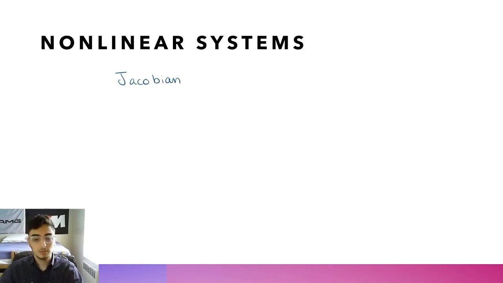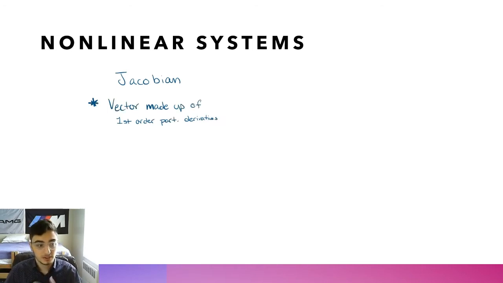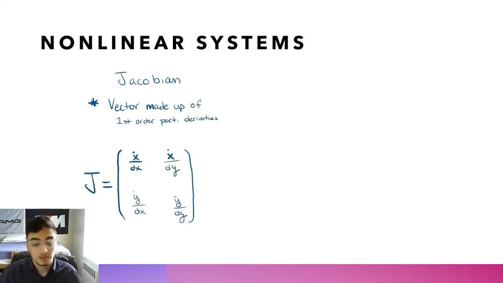It's more like a Jacobian method. It's where you create a matrix made up of first order partial derivatives of the two functions that you're working with. So for example, if you have x dot and y dot, it would be made up of, as you can see, the top left would be the derivative of x by x, the top right would be the derivative of x by y, the bottom left would be the derivative of y by x, and the bottom right would be the derivative of y by y.